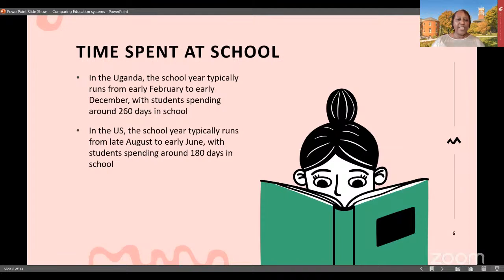Let's say this is 2024. If my child was born in September, they don't get to start school in August. Even if they are turning 6 in September, they have to wait for the next year to start school. I think this would be more lenient in the Ugandan setting.